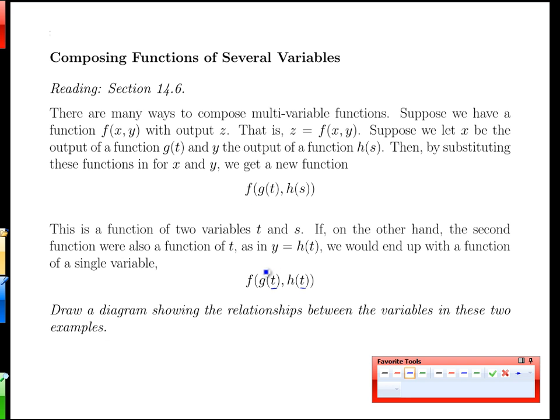So the kind of relationship we're talking about here in the first case is that our time value t, assuming it's time, gives us a value for some intermediate variable g, and then g contributes part of the information required to calculate our function f.